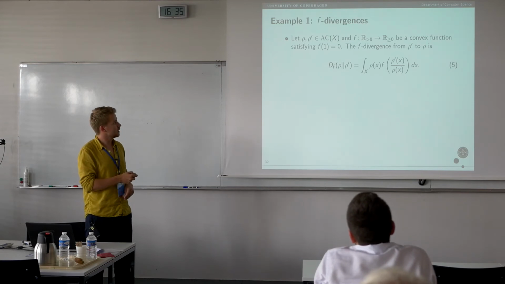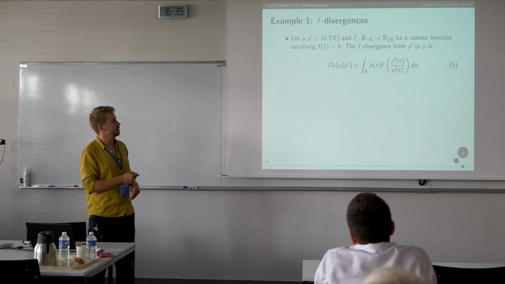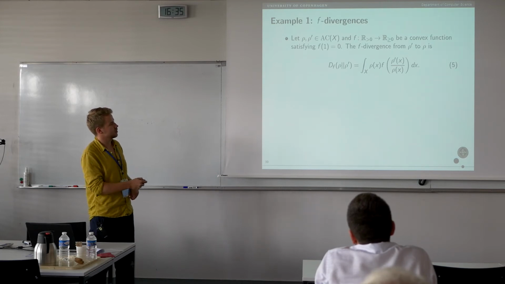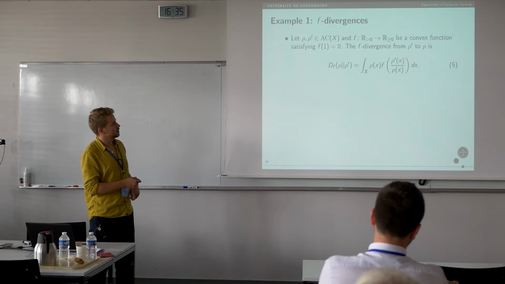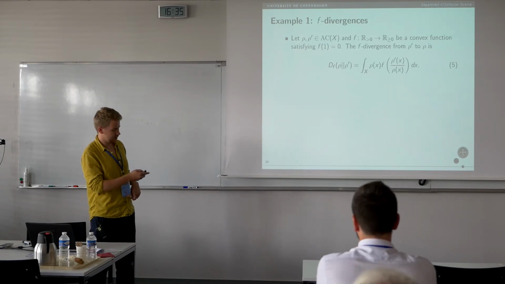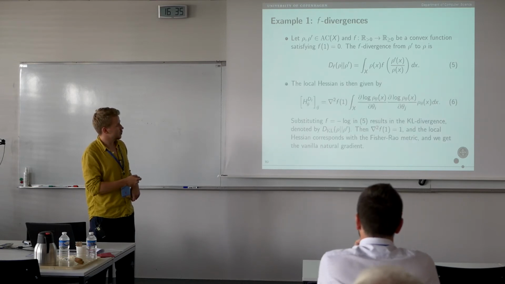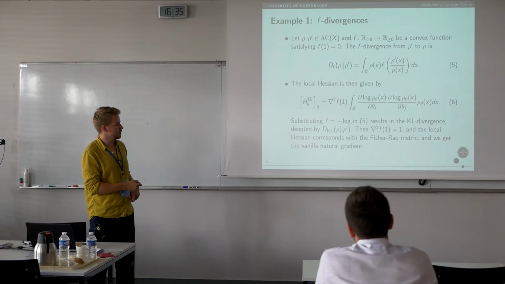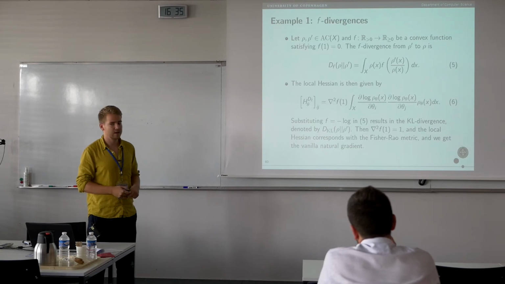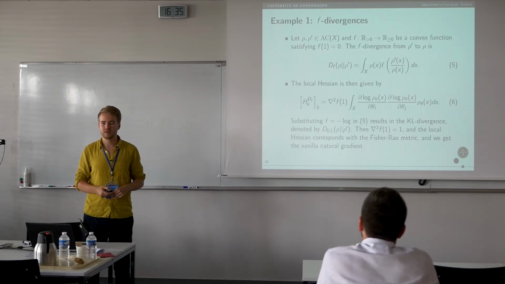So if the similarity measure is given by an f divergence defined here, we pick a convex function f that has to be 0 at 1. Then this is how you define the f divergence. When we compute the local Hessian for that, we get this solution. And if you look closely, this expression here is the Fisher-Rao metric tensor.